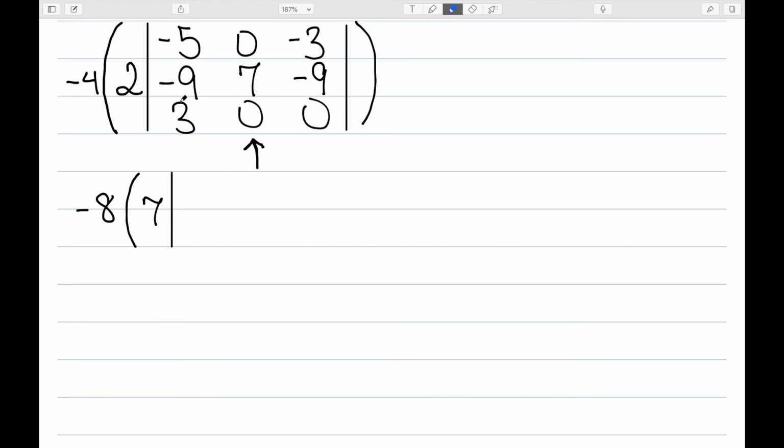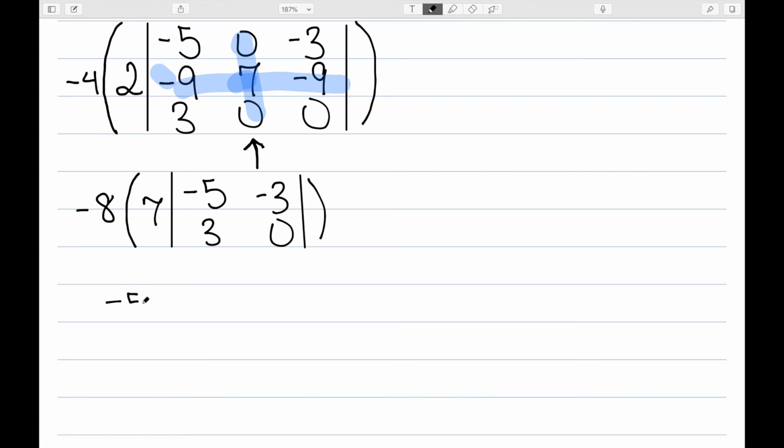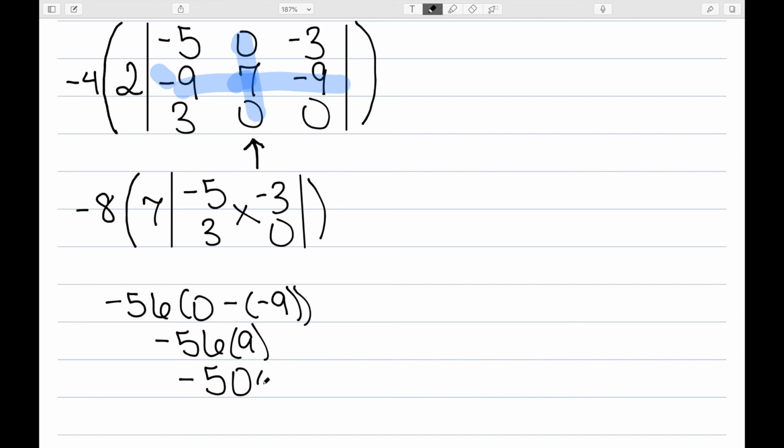Then we can delete that row and that column, and we're left with -5, -3, 3, 0. We know -8 times 7 is -56. And when I look at this determinant, I have 0 minus -9. That leaves me with -56 times +9, which gives me a determinant of -504.